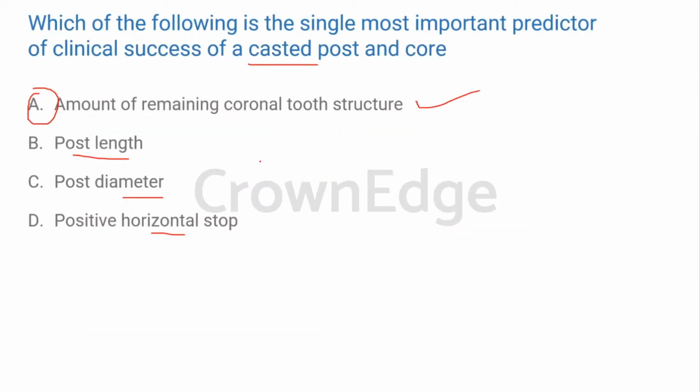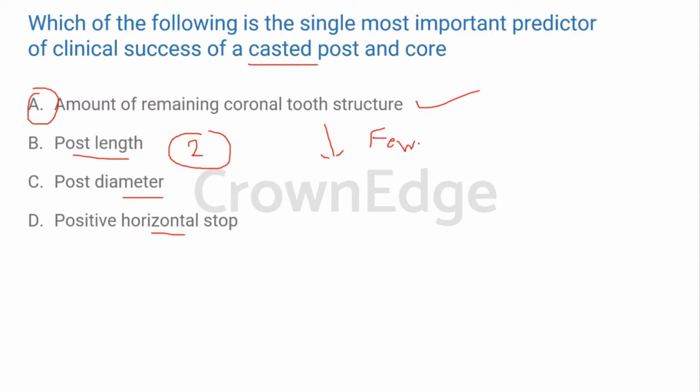So coming back to the question, post length is again important. It is the second most important area, how much I'm going to get to play with. But the first will always be the amount of remaining coronal tooth structure that is there, and that is what's going to determine. Because of this, I get something called the ferrule effect.